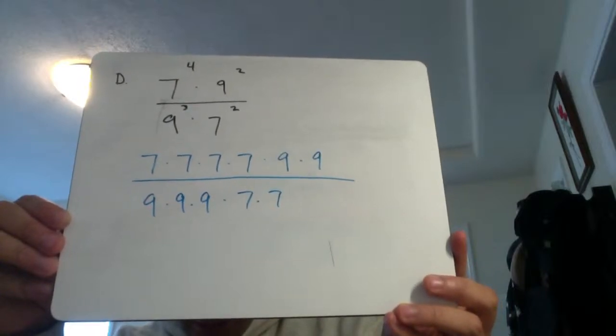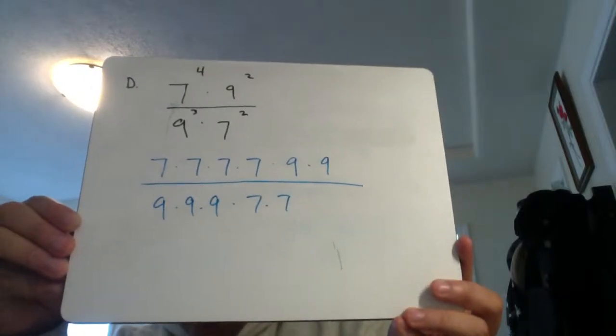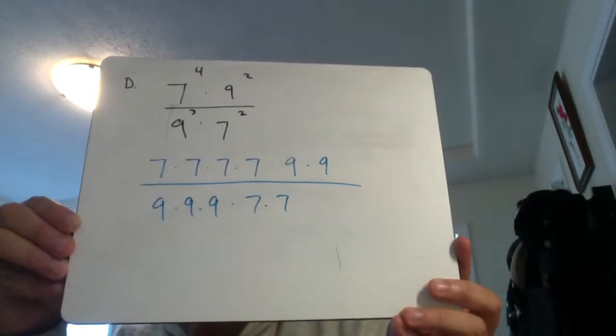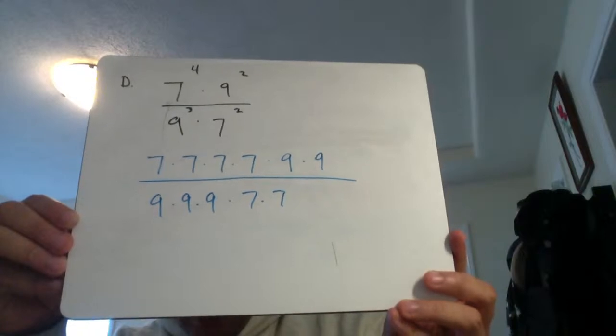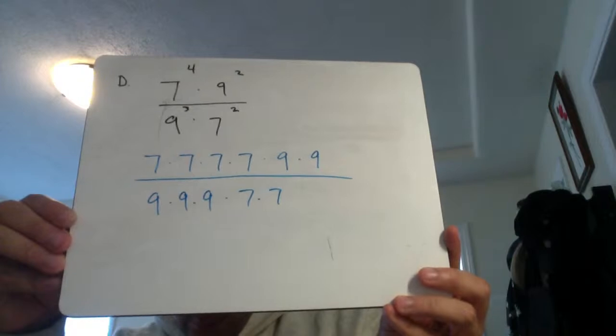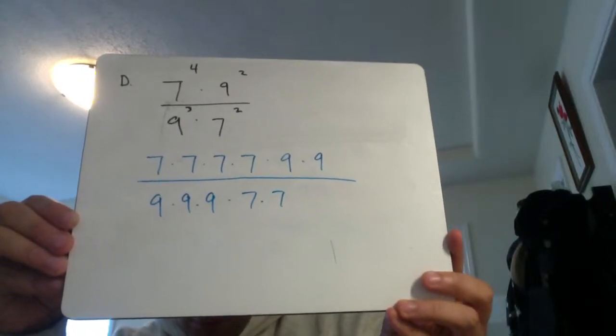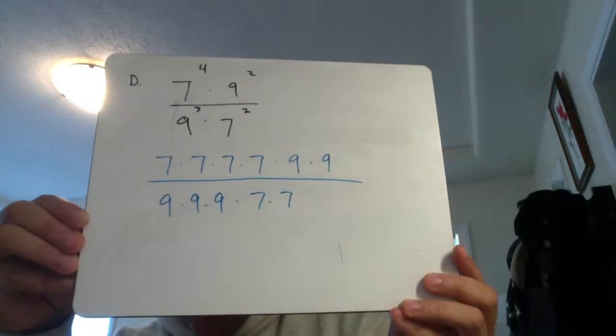India, that's exactly right. You got the answer is 49 over 9, but leave 1 7 and 1 9. Jorge, we're gonna leave 2 7s and 1 9.